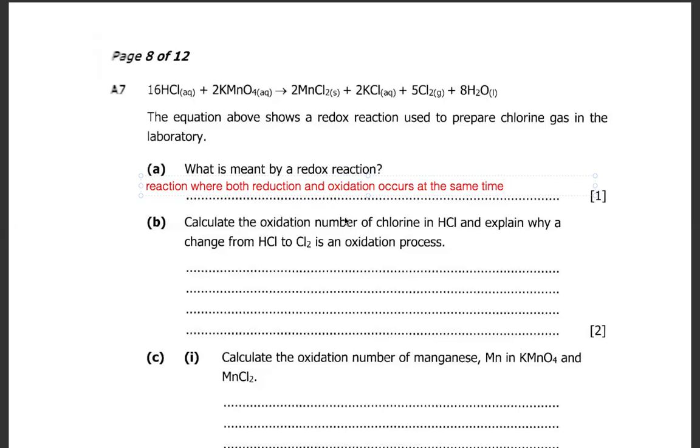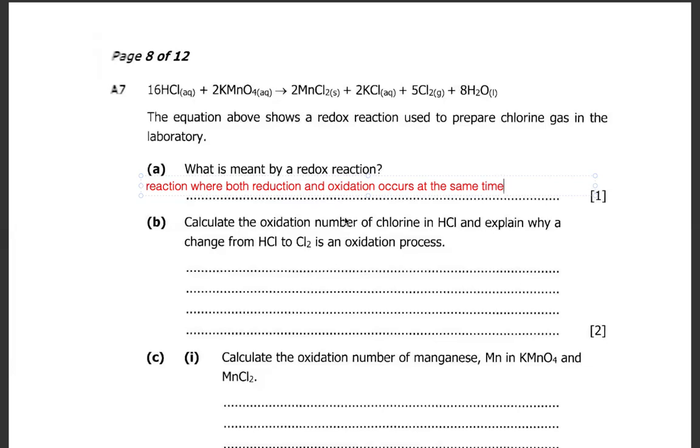Let us try to define reduction in terms of oxygen loss. When one chemical species loses oxygen, there must be another one to gain the oxygen. So both are happening at the same time, and these two reactions cannot be separated. When one is sending money, there must be someone to receive it. You get the point?